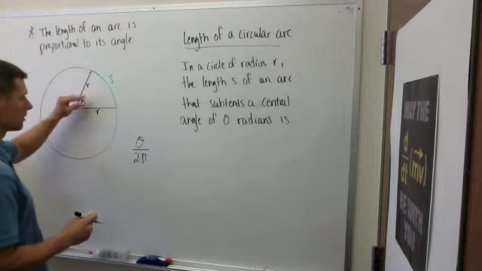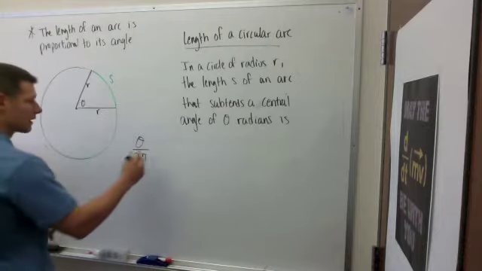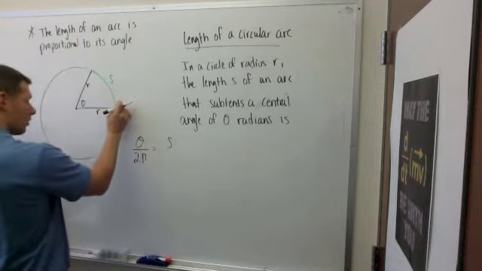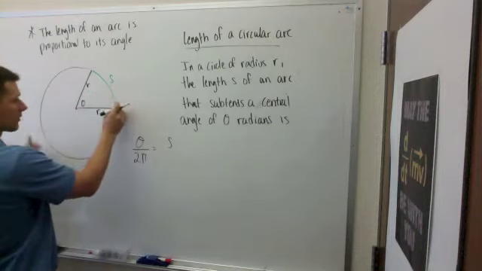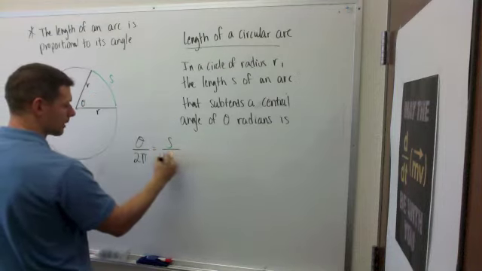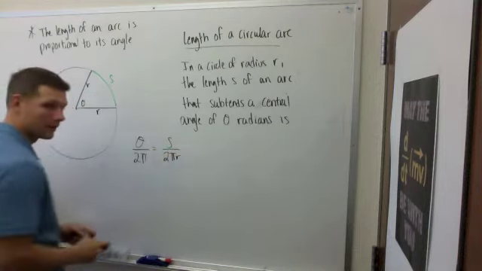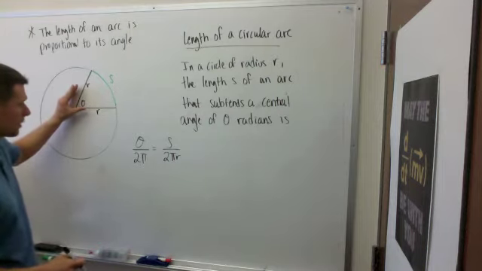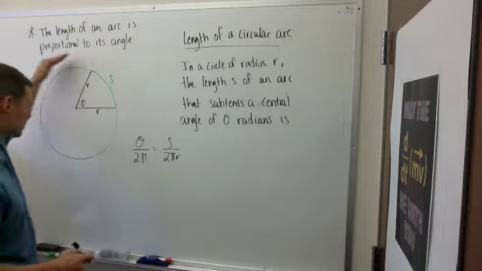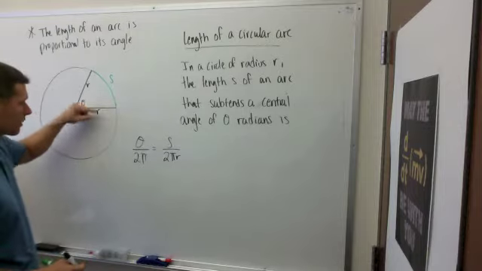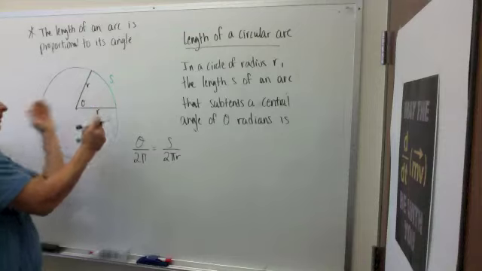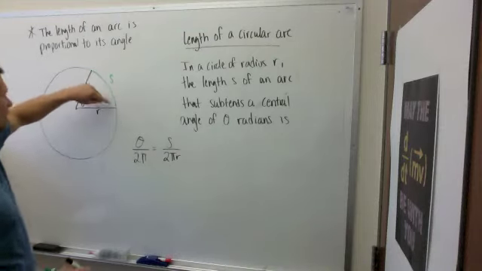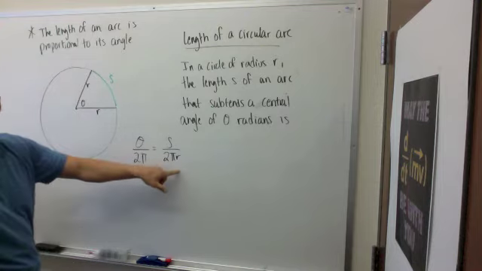This portion of a full circle is as this length is to the length all the way around. What's the length all the way around? The circumference of the circle, 2 pi r. Again, this angle of a full circle is to 2 pi all the way around as the length of this arc is to 2 pi r.